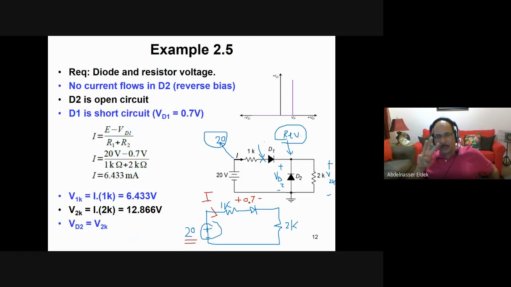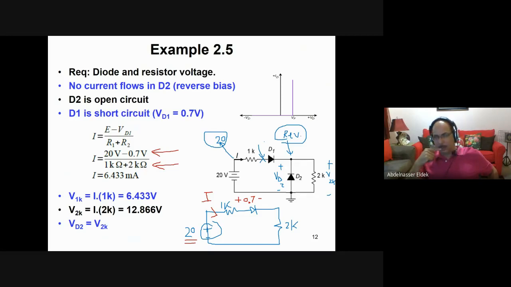I know that the diode is 0.7. So the voltage dropped on the 1K and the 2K is 20 minus 0.7. So I equals 20 volts minus 0.7, which is dropped over D1, divided by the total resistance, which is 1K plus 2K. That's 3K. So now we can calculate the current.